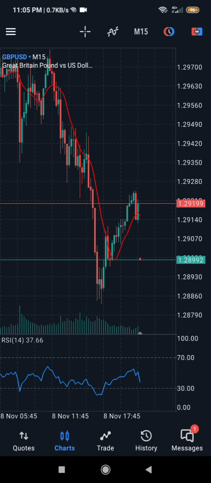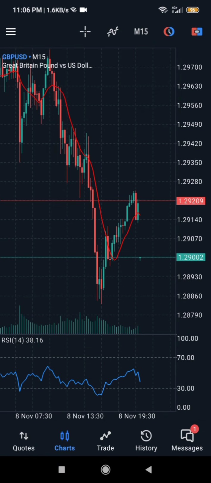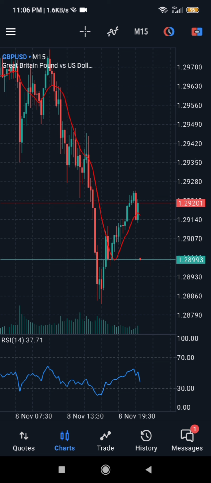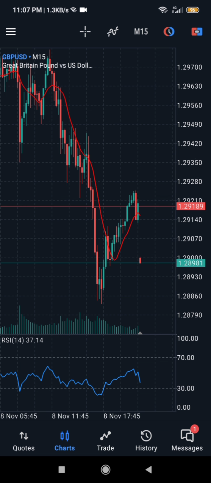So we are starting the week, being the 10th of November. The market just opened right now. So that's how spread works in Forex.